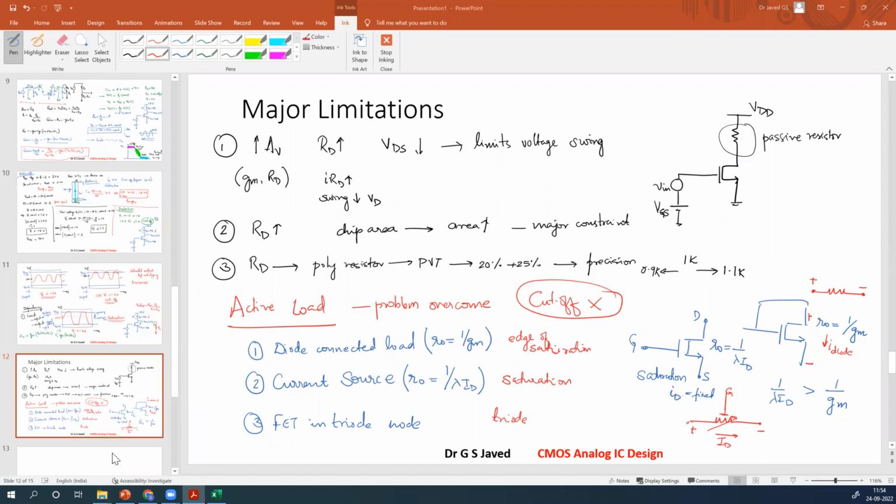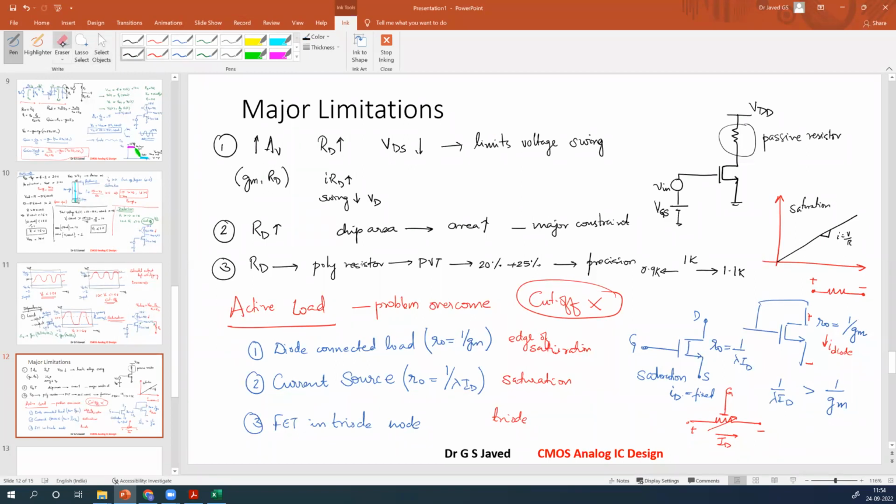Now, if you want to understand visually how this works, the expectation for a resistor is that it has to be linear. Its slope has to be given as I is equal to V by R. Now, for which load will this work? This will not work when the device is in saturation region, that is a current source.